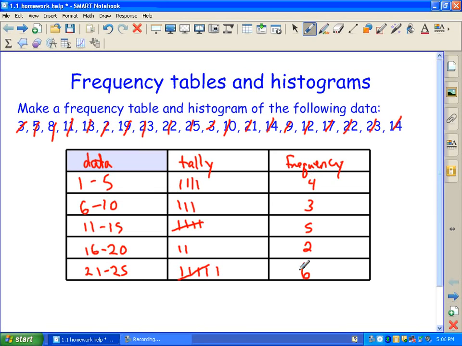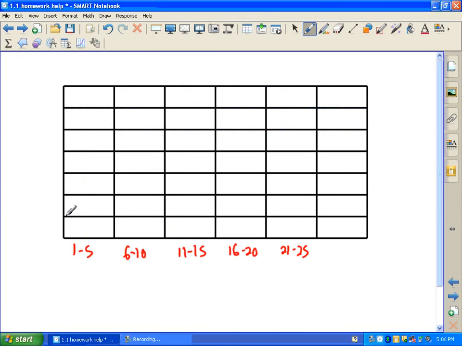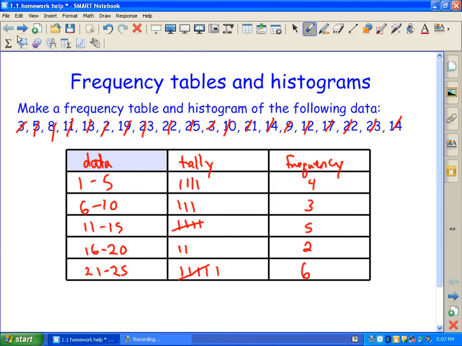So I have to find my biggest frequency, which is 6. And on my graph, I've got to make sure I have enough room to get up to 6. So if I just count by ones here, that gives me plenty of room to get up to 6. And so maybe the data I'm looking at here is the number of hours students spend on homework in a month.